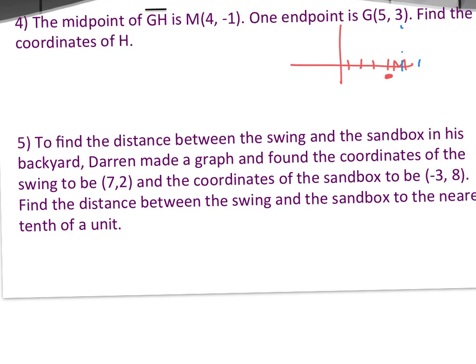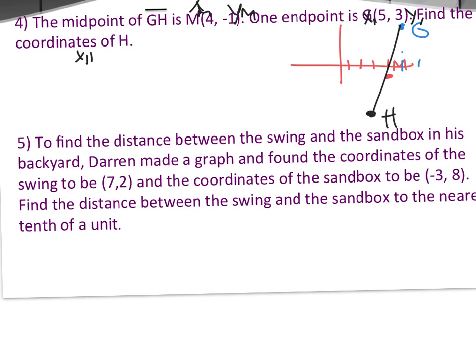What I want to do is find this other point, H. So this is my XM for midpoint, this is my YM for midpoint, this would be my X1, and this would be my Y1.